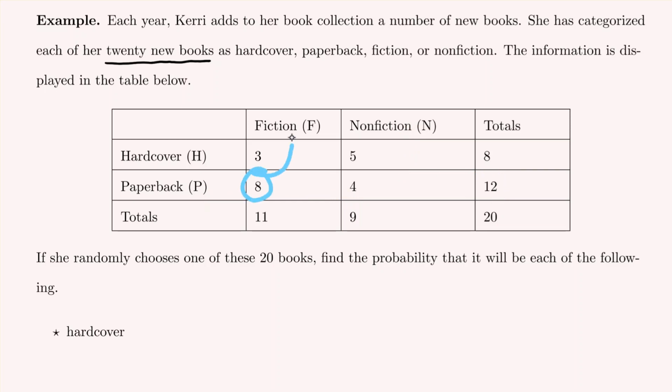The 8 paperbacks that are fiction plus the 4 paperbacks that are nonfiction gives us the 12 paperbacks in all. Now if I ask how many books are fiction? We have 3 hardcover fictions plus 8 paperback fictions, giving a total of 11 fiction books.